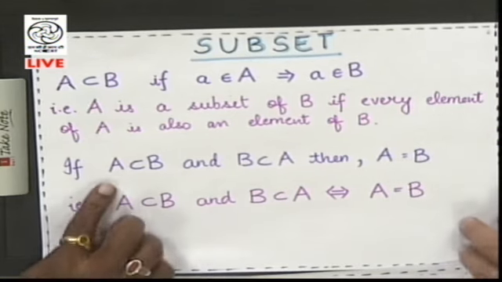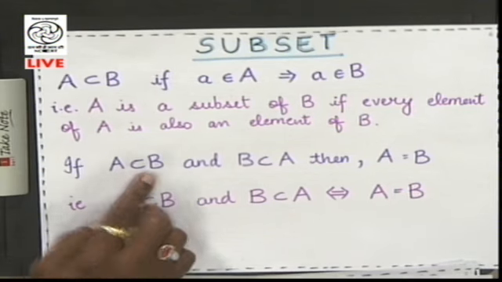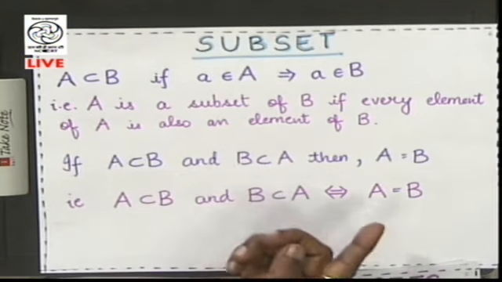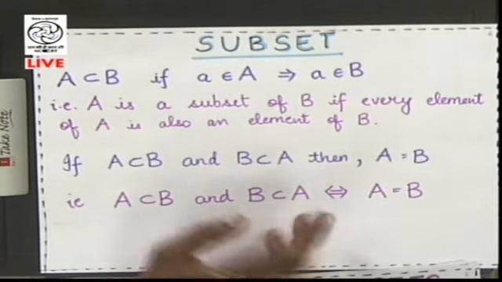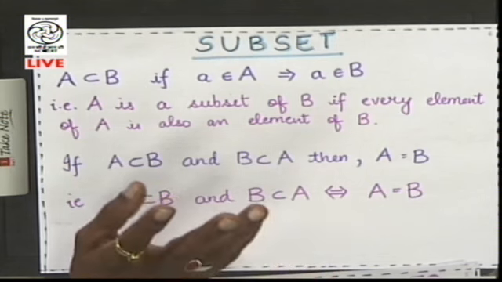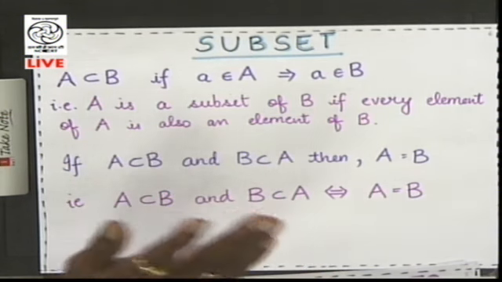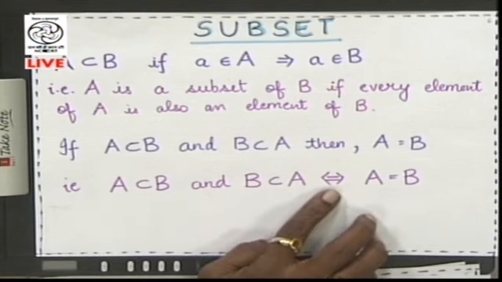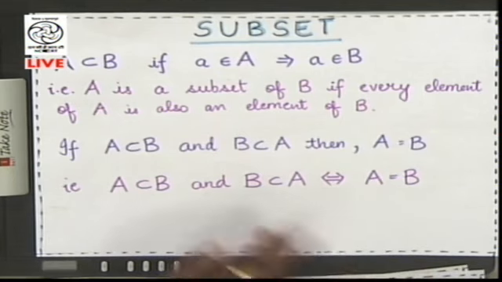Because when we say that A is a subset of B, it means that every element of A is also an element of B, and here every element of B is also an element of A. So naturally it leads to A is equal to B, because both of them have the same elements. So in mathematics we write it as A is a subset of B and B is a subset of A if and only if A is equal to B.